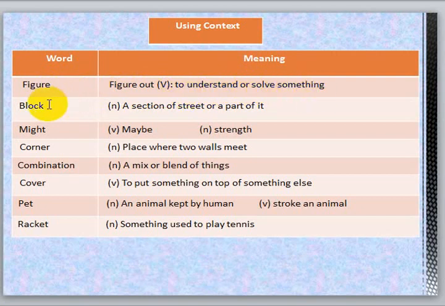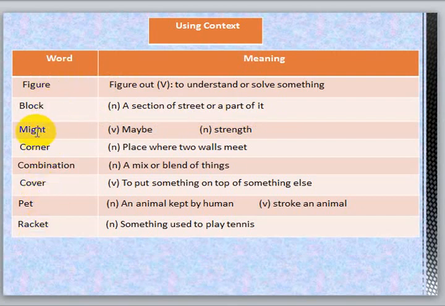Number two, block. Block here is a noun. The meaning of block is a section of a street or a part of it. From the sentence you will figure out the meaning of these words.